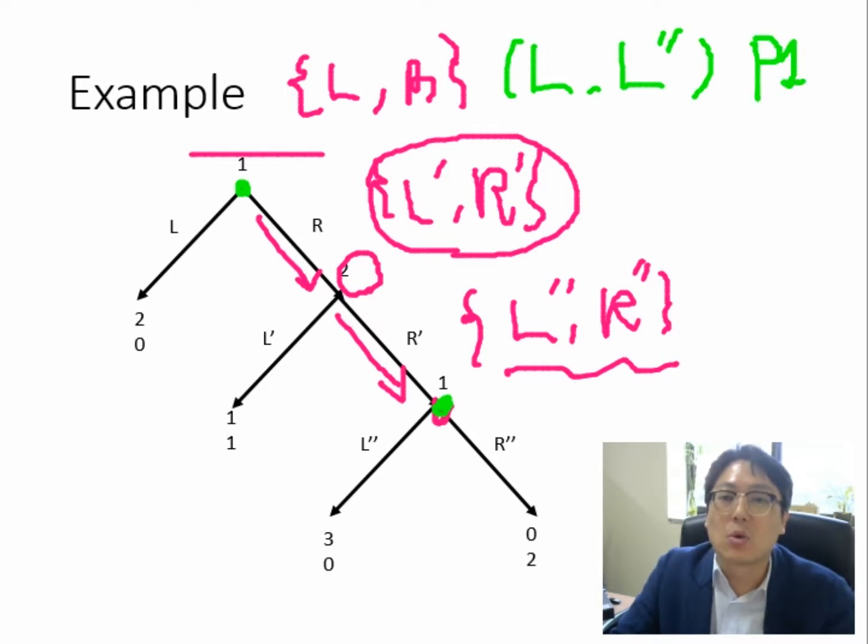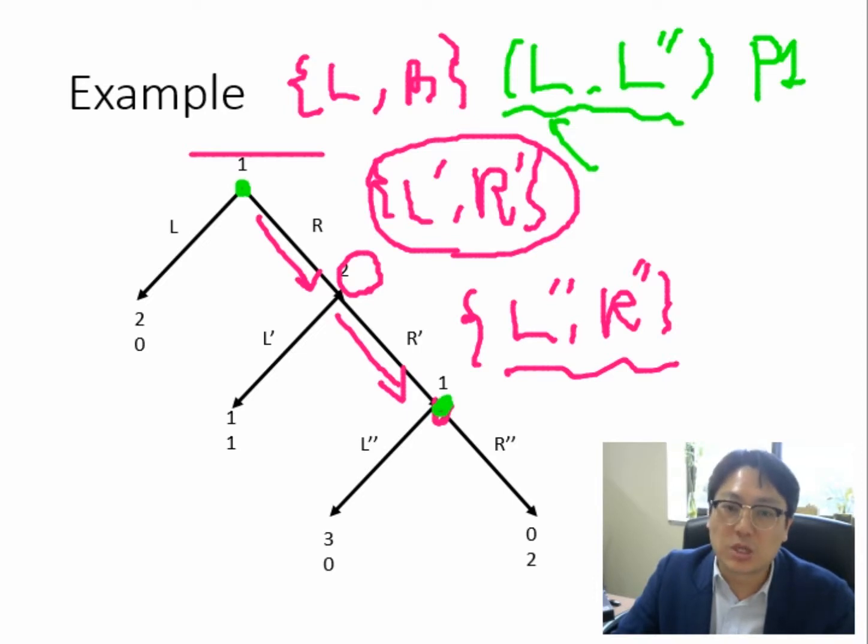Why? Again, what is the strategy? Strategy is a complete plan of action for each contingency. Again, these are contingencies. This is his action when this node is reached, but this is the first player's plan if this node is reached.